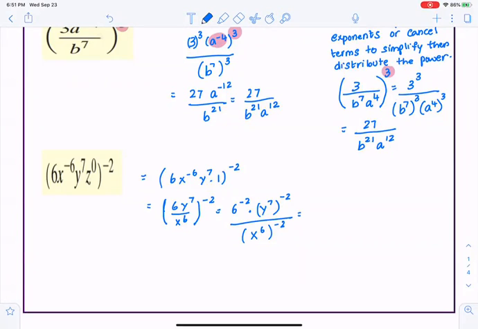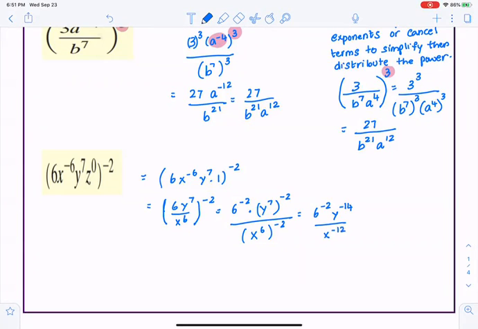Some of you could use a calculator and, you know, guess the answer has to be 36, but I'm going to do it the exponent way. So 6 raised negative 2, y raised negative 14, divided by x raised negative 12.